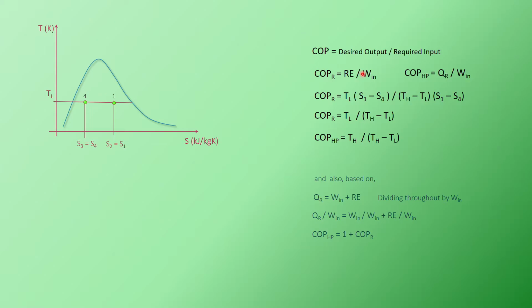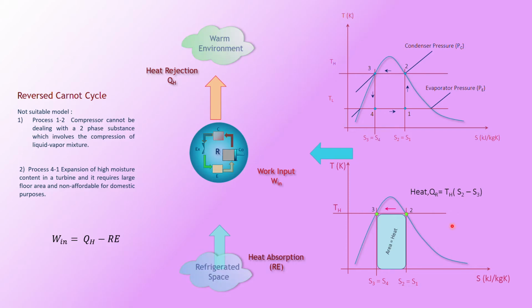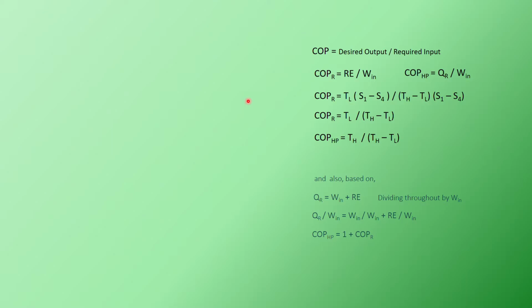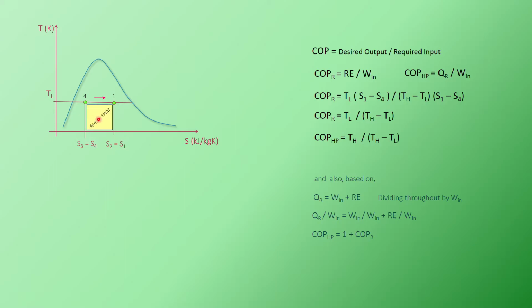Now continue from the previous slide. This area here I've already told you is the area for heat rejection, and this is the formula based on the area of this rectangle under the process path from 2 to 3, that is heat rejection. Then when you look at the next page here, this is where you have your heat absorption or the refrigerating effect. That is based on temperature TL. As you can see, the arrow is from 4 to 1.